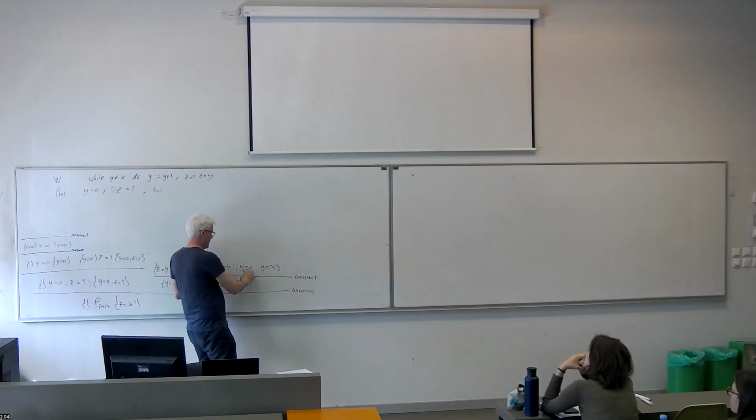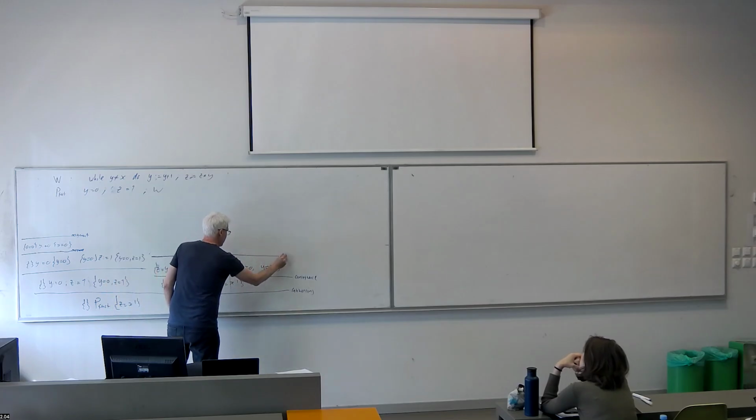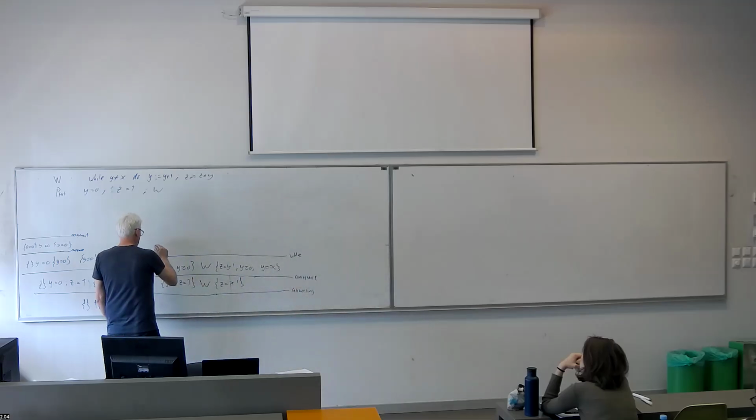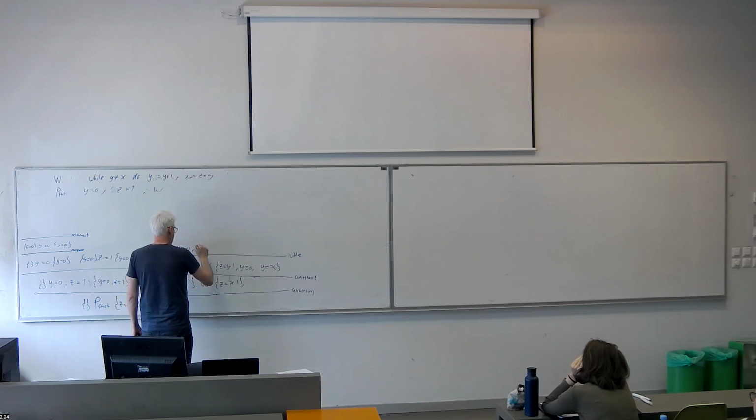And here we've got eta and not b. What we need to verify here, so we go to the while rule, is eta, which is this conjunction, eta and b. So b is y is not equal to x.